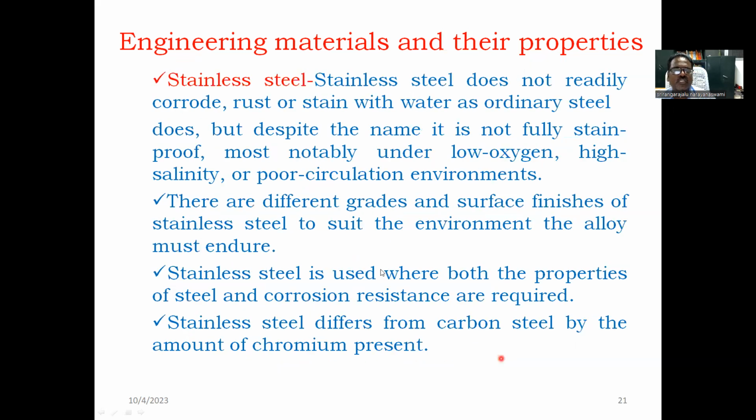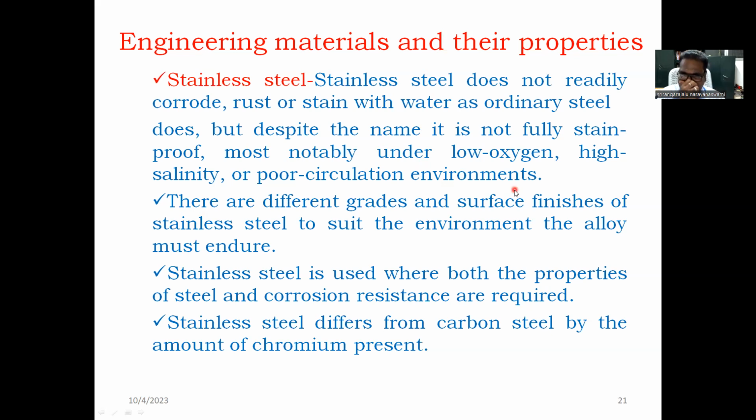Stainless steel does not readily corrode, rust, or stain with water as ordinary steel does, but despite the name, it is not fully stain proof, most notably under low oxygen, high salinity, or poor circulation environments.